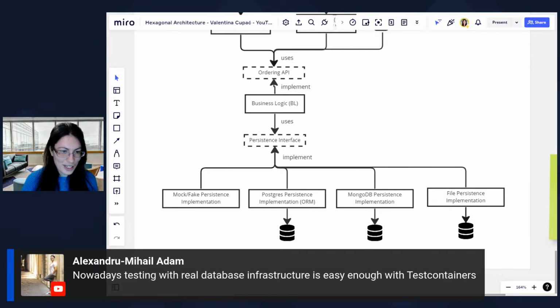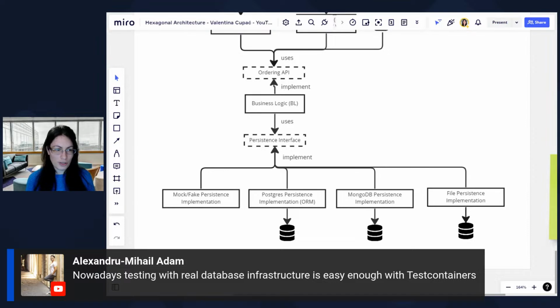Okay, nowadays testing with the real database infrastructure is easy enough with test containers. So that has become a point of controversy, where there are different opinions. Back in the time when hexagonal architecture originated, this possibility did not exist at all.